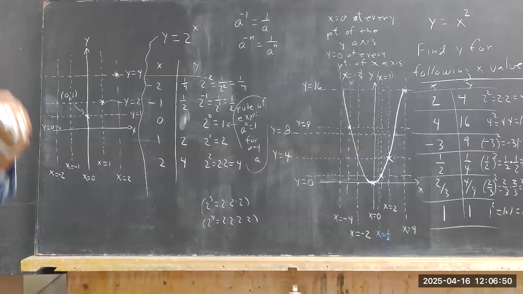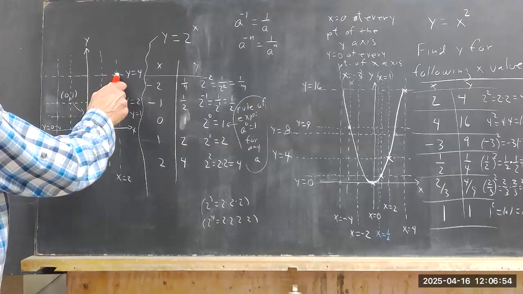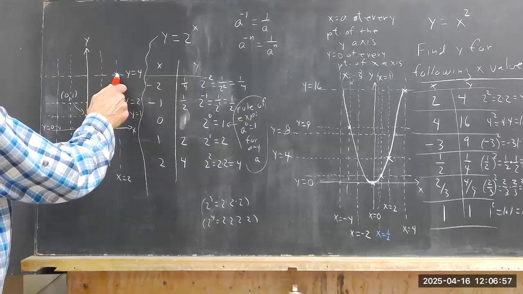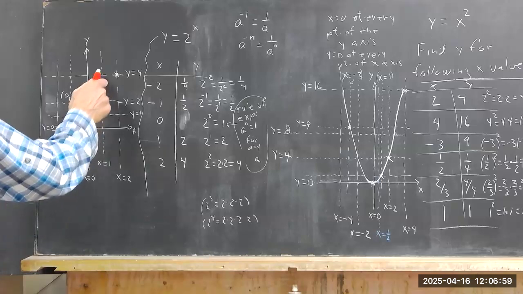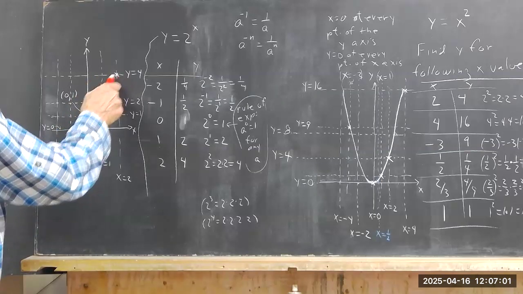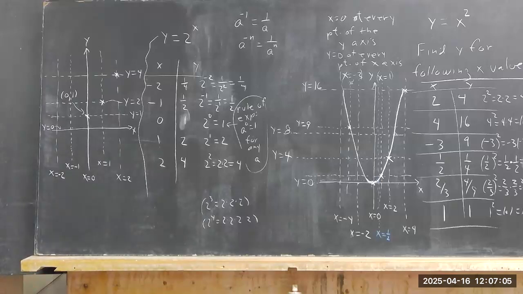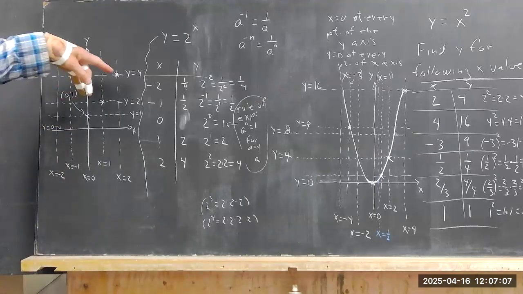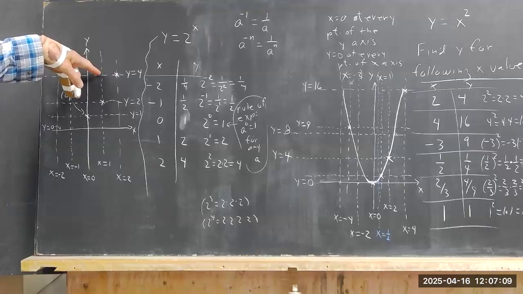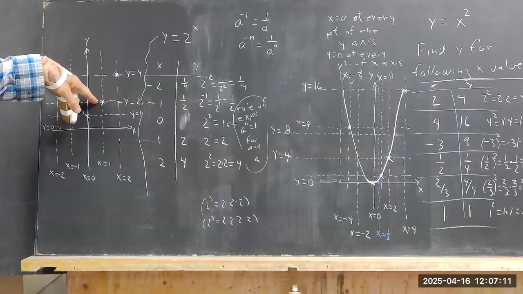Now let's look at a pattern here. Going from this point to this point, I move left 1 unit and I cut my value from 4 to 2. It means I cut the value in half, right? In other words, I move 1 unit to the left and I go halfway down to the x-axis.